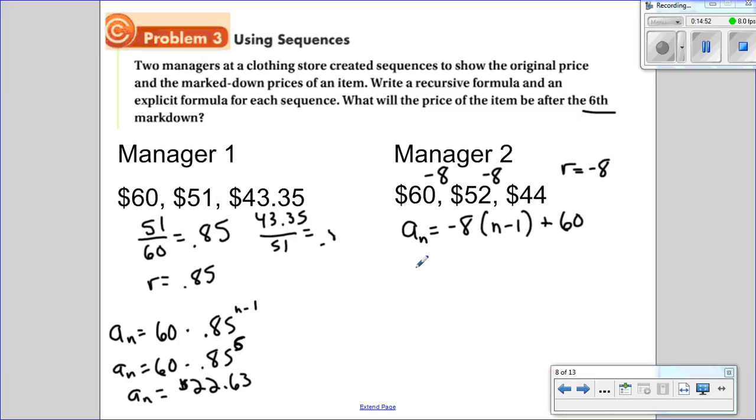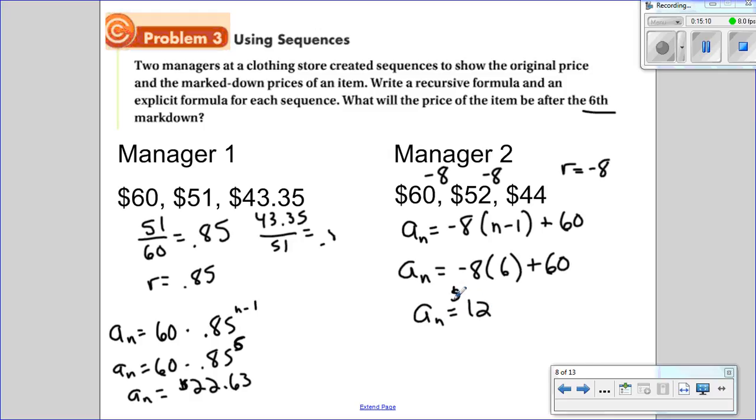And if we want our seventh item, which would be the sixth markdown, we plug in 7 right there. 7 minus 1 is 6. Negative 8 times 6 is negative 48. Negative 48 plus 60 is 12.